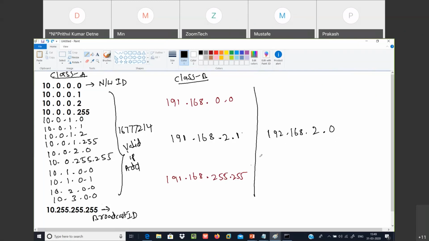It's a class C. For class C, the first octet is network, the second octet is network, the third octet is network, and the last octet is host. The host portion we already have is 0, which means it is a network ID. It is not a valid IP address. We cannot use this to assign to a computer.